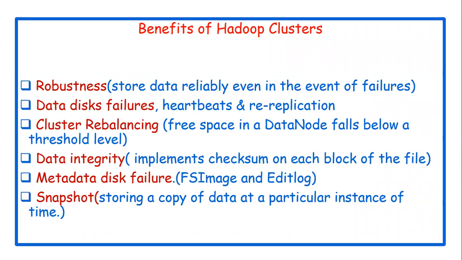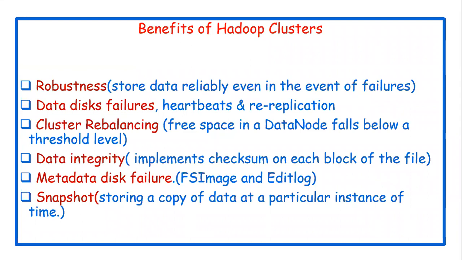You know the value of a checksum. Both the sender side and receiver side will calculate the checksum. Both will get the same checksum result, so then we can conclude the data is not modified. The same concept we implement on each block of the file. Each block means a 128 MB block. So whenever you store the data on the data node, first you have to find out the checksum value. Whenever you start the implementation, you have to calculate the checksum, so that you can achieve data integrity.